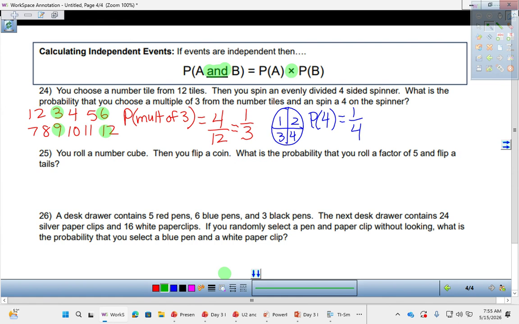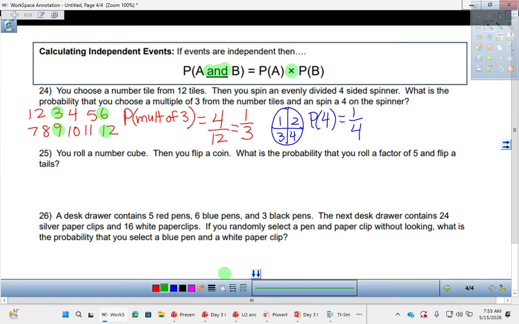Now, if I want both of those things to happen, the likelihood is going to go down, right? One thing is going to happen, that's one probability. But if I want multiple things to happen, the chances of those things happening decreases their likelihood. So when we multiply these, we're going to get a fraction that's smaller than both of them, all right?